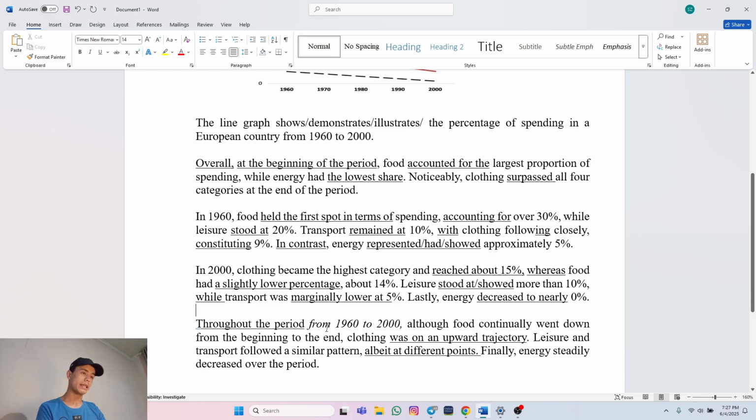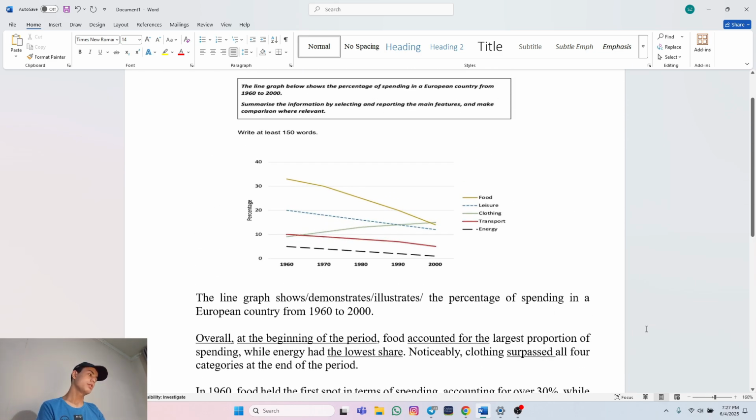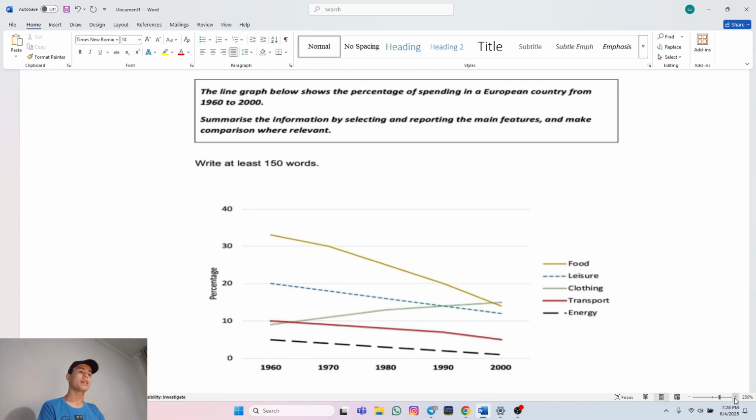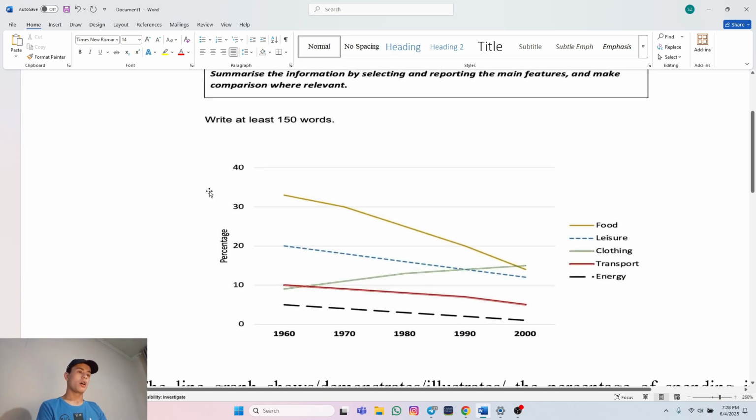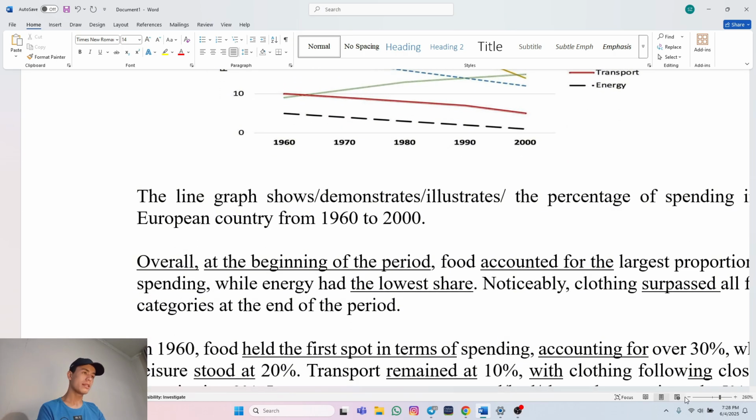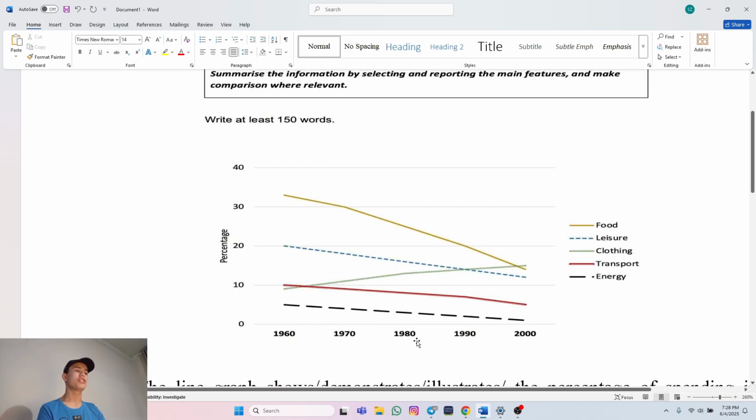Okay, let me explain my strategy one more time. We described this year's information, right? And we described this year's information as well. And what about this year's information? Hold on. I am giving you a way to describe these two years' information within one body paragraph.